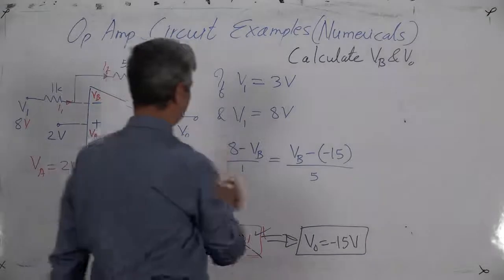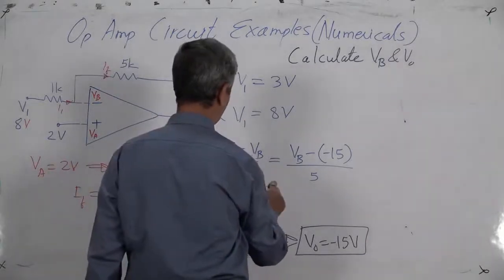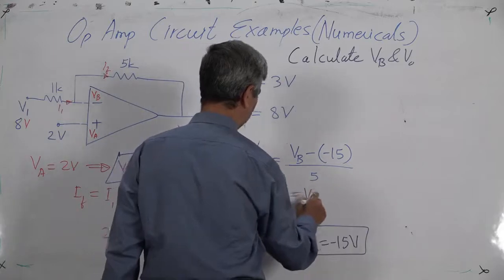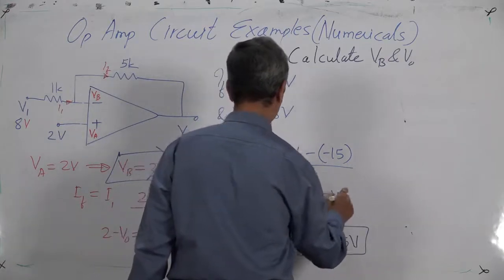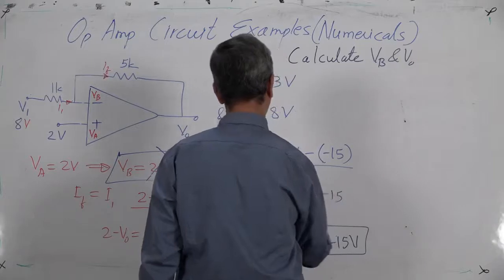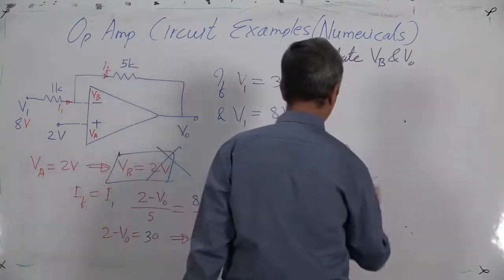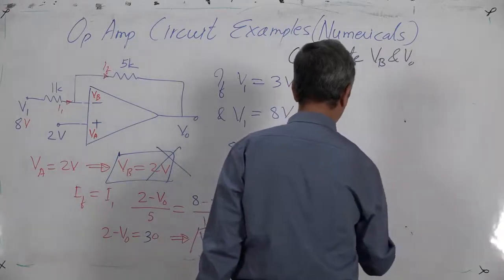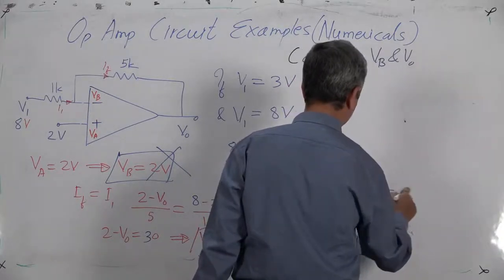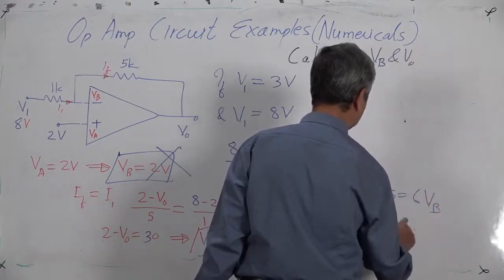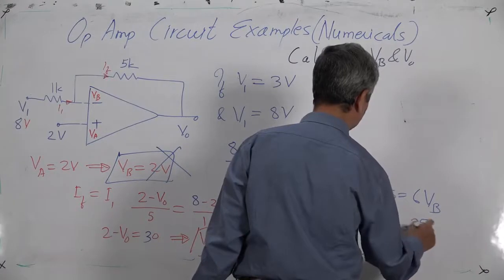So, 5 comes on this side, 40 minus 5 VB is equal to VB plus 15. So, 5 VB comes on this side, 15 comes on this side. This gives rise to 25 is equal to 6 VB. So VB is not 2 volts but 25 by 6.